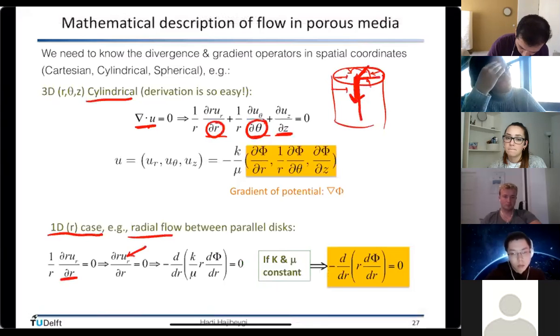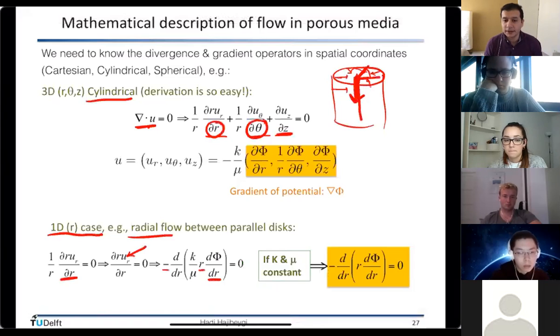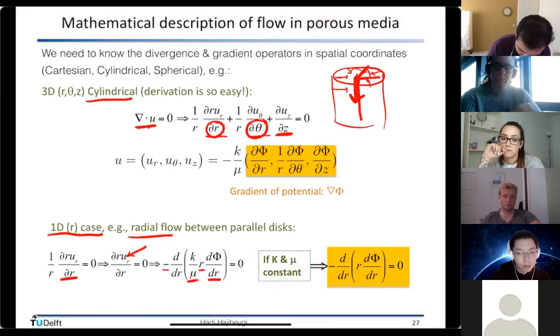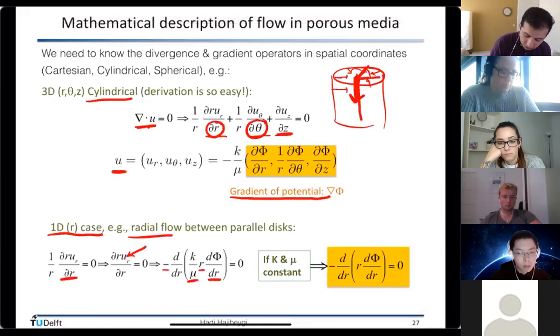Darcy's law says U is minus K over mu times d phi dr, with negative sign. That is my Darcy's law, which is written here. U is the gradient of potential times minus K over viscosity. The gradient operator would be ddr, 1 over r dd theta, and ddz.